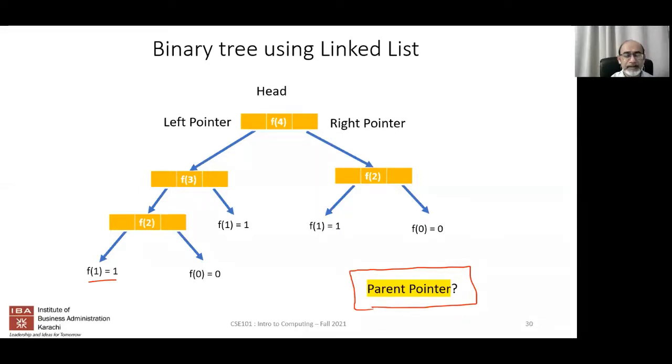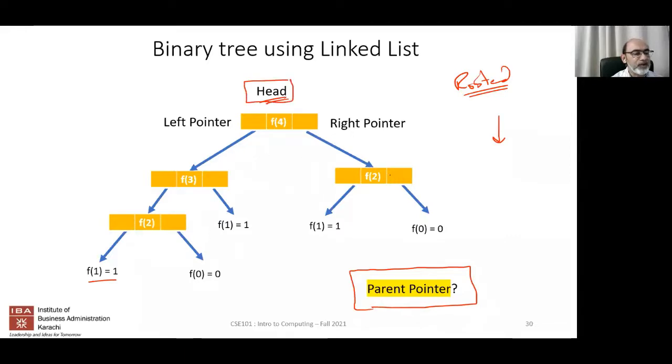Remember, we had a doubly linked list, and in that we had a pointer to the previous node. But here it's sort of a tree. So a tree, an inverted tree, and it's going in the downward direction. So you can think of this as the head. All right. This is called a rooted tree, by the way. Right? Why? Because one of these elements is at the root of the tree.